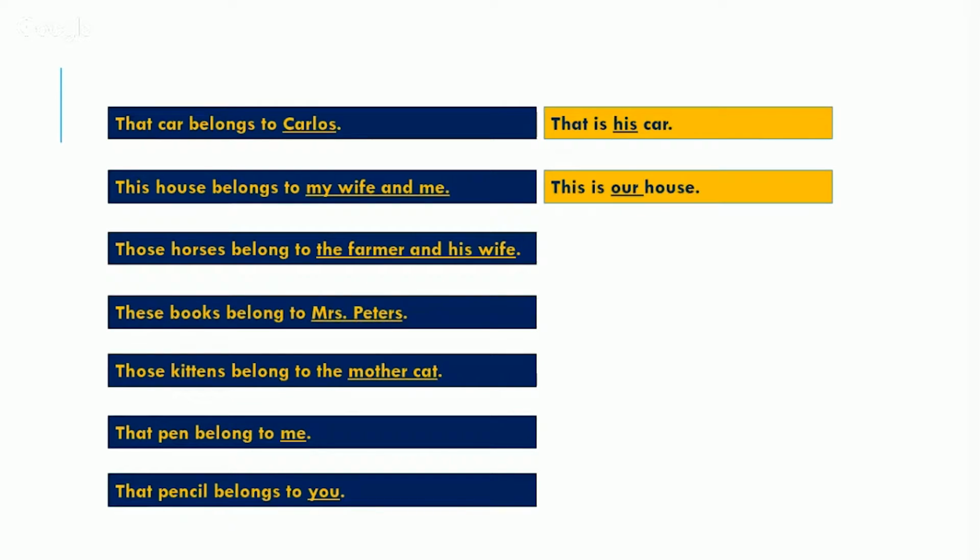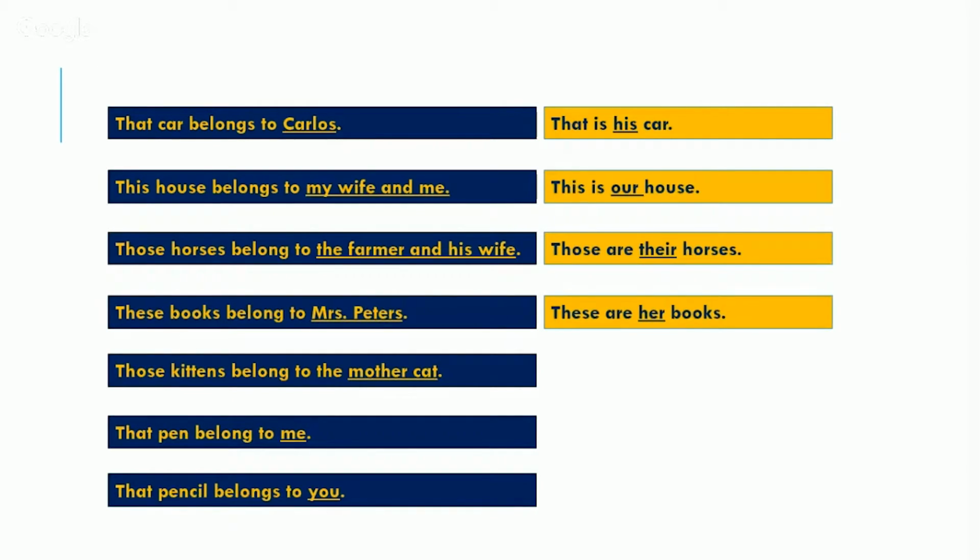All right, guys, we're going to move on to number 4. So these books belong to Mrs. Peters. And you're probably going to see the answer there by mistake. Just don't look at the screen because the answer is going to pop up by mistake, but I take it off right away.